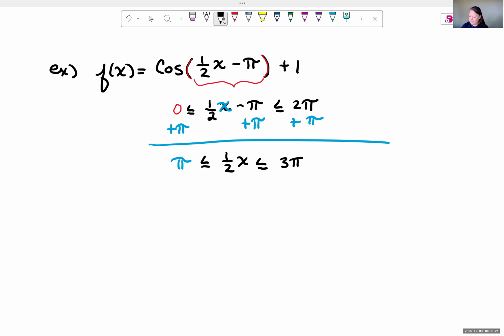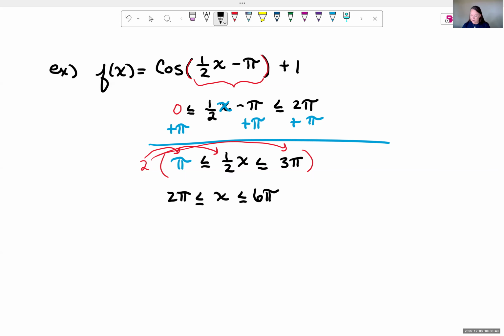I don't want 1/2 times x. So I can either divide all sides by 1/2, or easier to think of it as multiplying everything through by 2. So 2 times pi, 2 pi, is less than or equal to, well, when we distribute 2 in between the inequalities, that will cancel with that 1/2, just leaving us with x, is less than or equal to 2 times 3 pi, that's 6 pi.